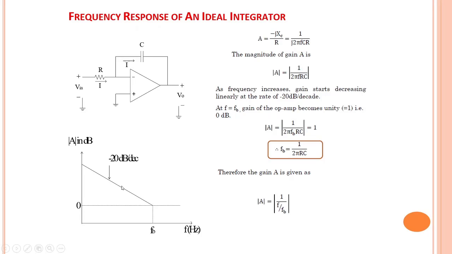But keep in mind that the gain linearly falls from the initial value. Actually the initial value is obtained whenever the impedance has its maximum value. At zero frequency, the impedance offered by the capacitance becomes infinity. It will become an open circuit, or it will be just the open loop gain of the operational amplifier at very low frequencies.